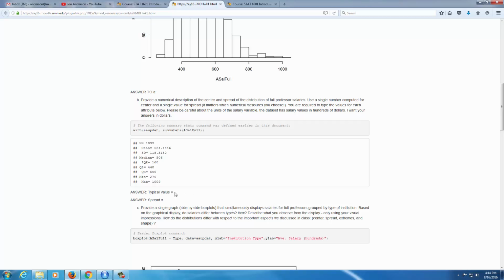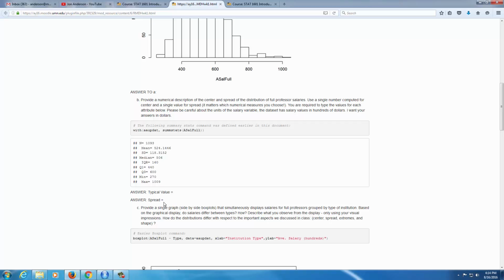And so what I want you to do here is decide what measure of center, typical, should be used for these full professor salaries. Remember, the two measures of center are the mean or the median, and you should be able to look at this display and decide which value, the mean or the median, should be used, and then you should take that number and type it in here in terms of dollars, and that would be your measure of typical.